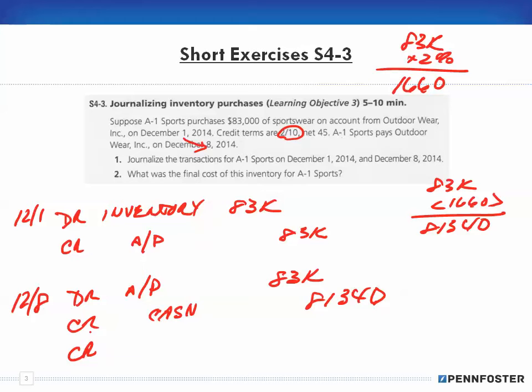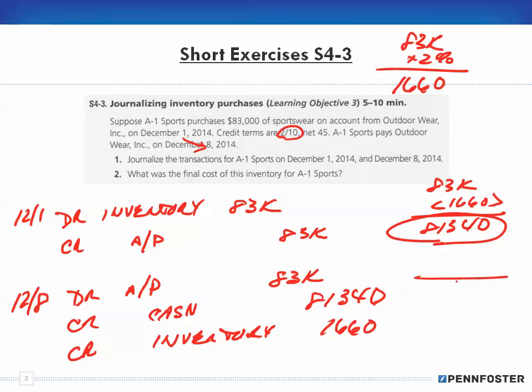Well, what am I going to credit? My inventory. I had put 83,000 in inventory, but after the discount, I'm lowering my inventory by $1,660. That means I have to credit my inventory $1,660, so that my net inventory is $81,340.